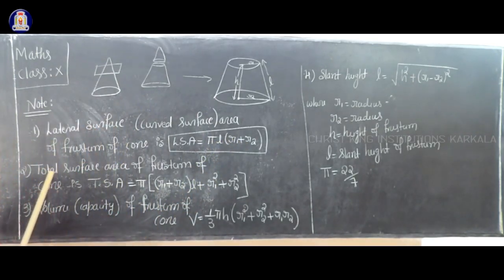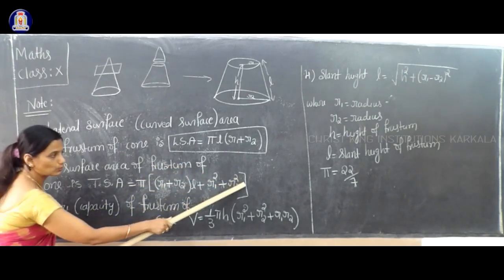The next is, what is the total surface area of frustum of cone? The total surface area of frustum of cone is denoted as TSA, means total surface area. The formula is pi, this is pi, this is bracket, and this bracket is closed here.